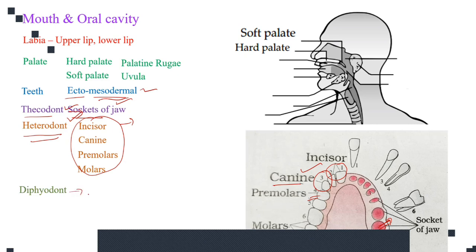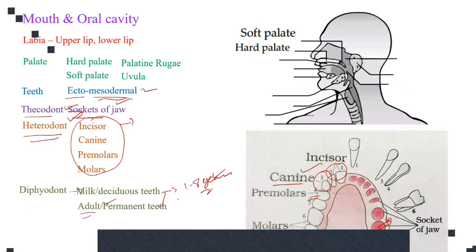In the life of human beings, there are two sets of teeth. The first is milk teeth, which are generally retained from the age of 1 year to 8 years. After 8 years, these teeth are replaced by permanent teeth or adult teeth. So we have two sets of teeth during our life, and that is why this type of dentition is called diphyodont.